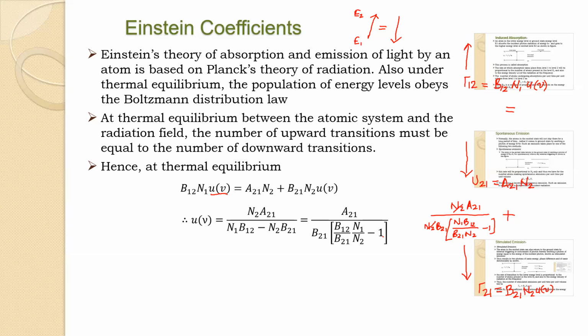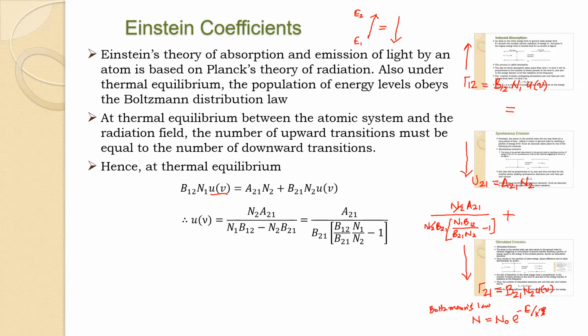According to Boltzmann's law, the number of atoms in a particular energy level E can be simply written as N is equal to N0 e raised to minus E divided by KT.